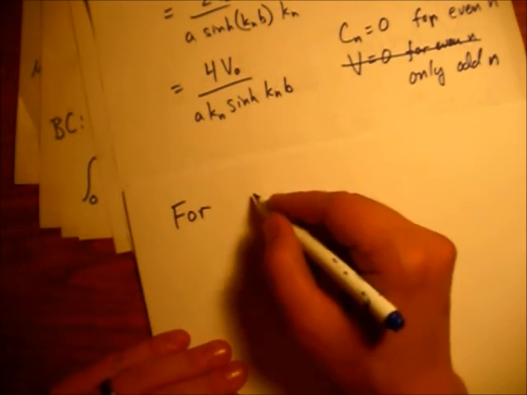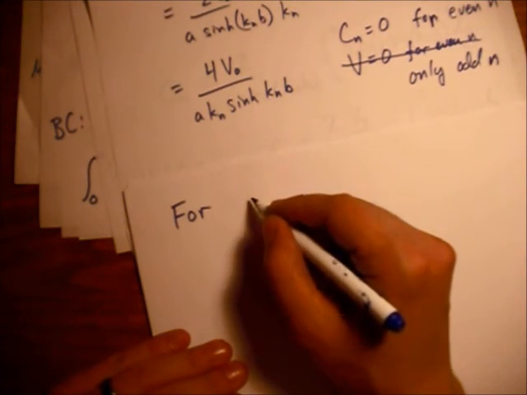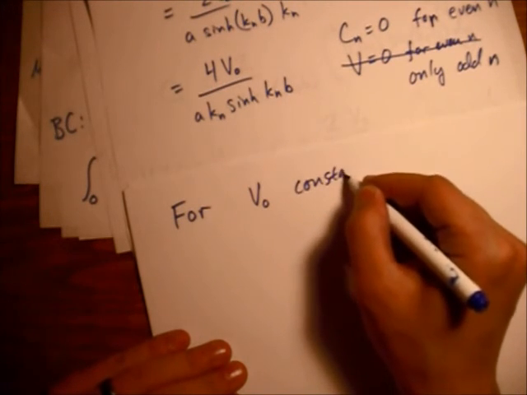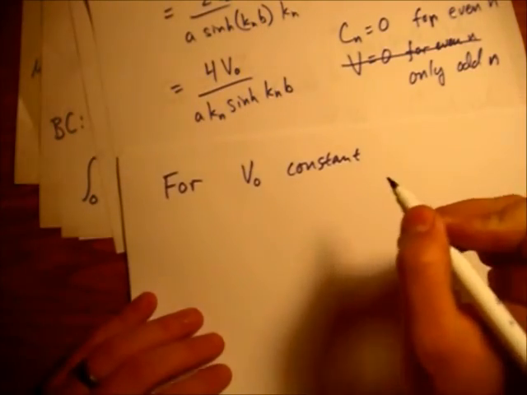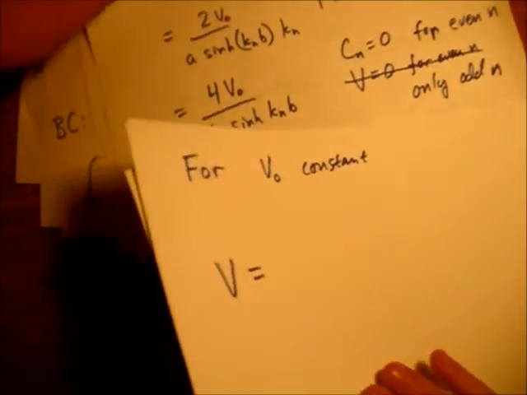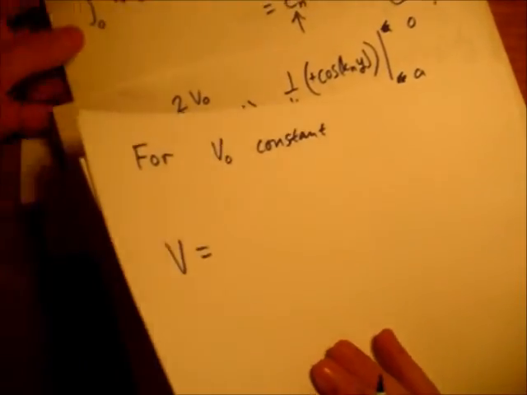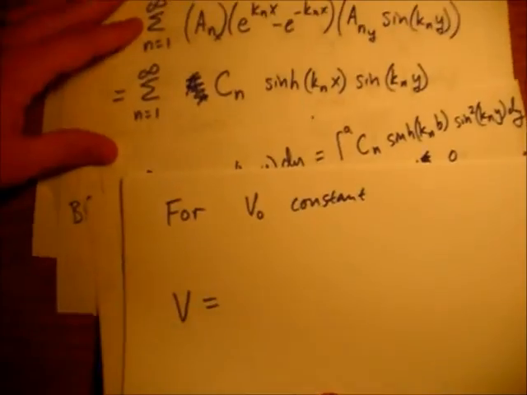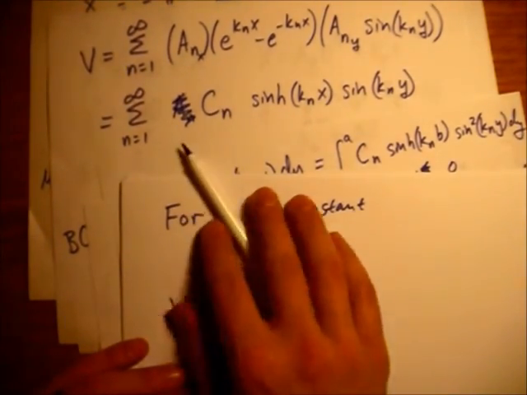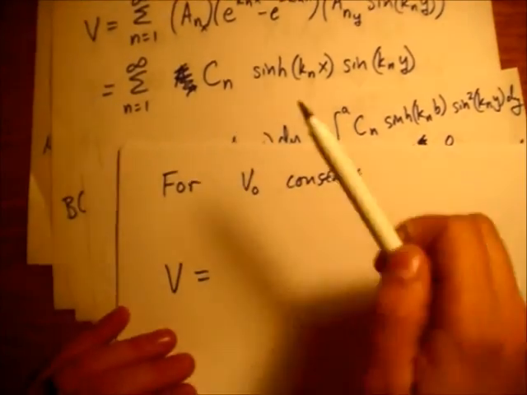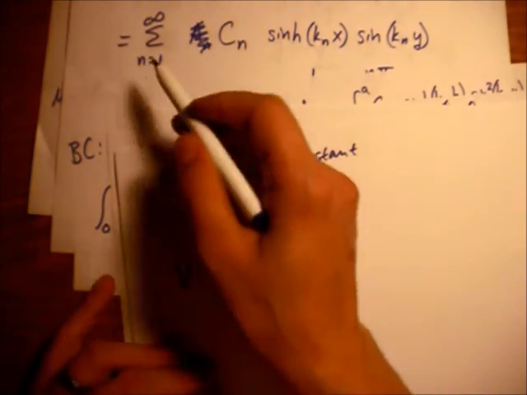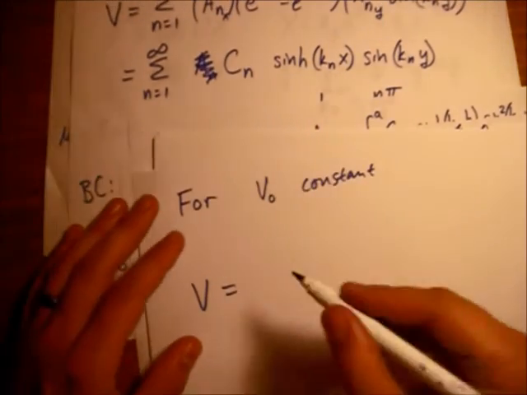So for v naught constant, we actually get an answer of v, it's this right here, except we're going to go ahead and plug in the c ends now, and we're only summing over the odd ends.